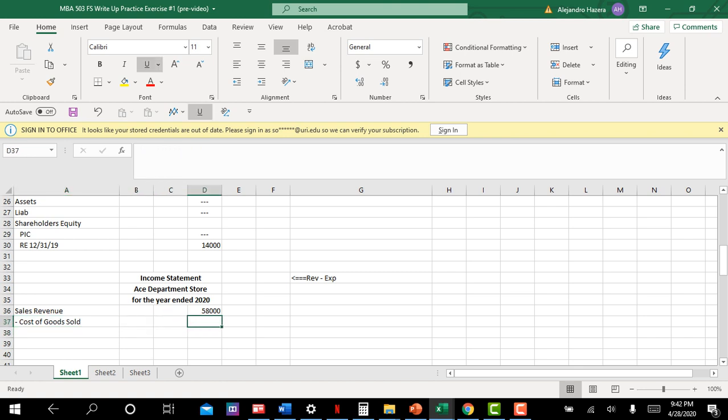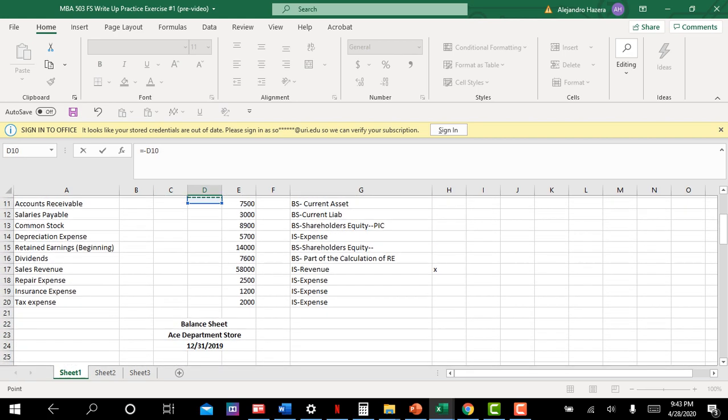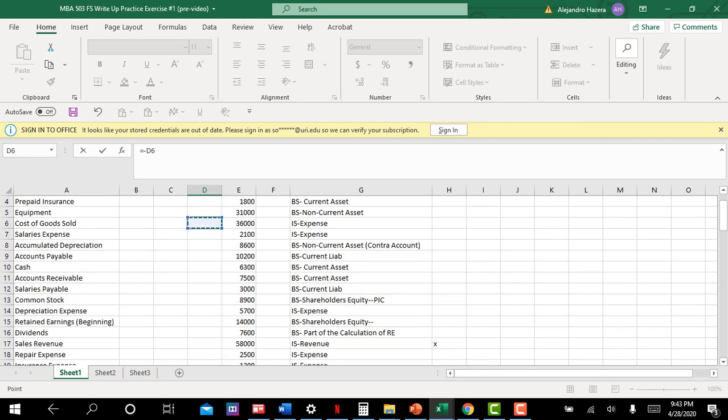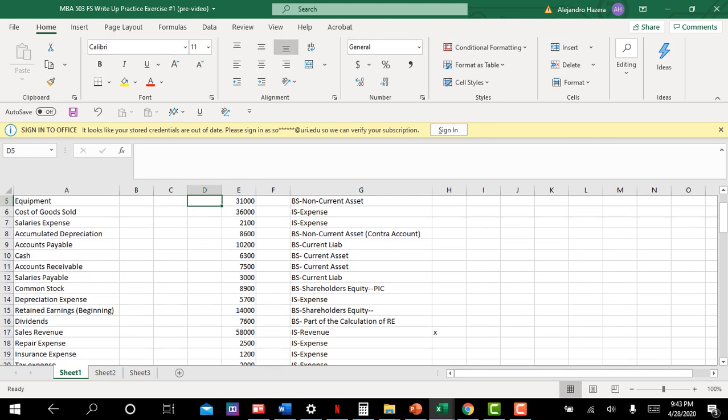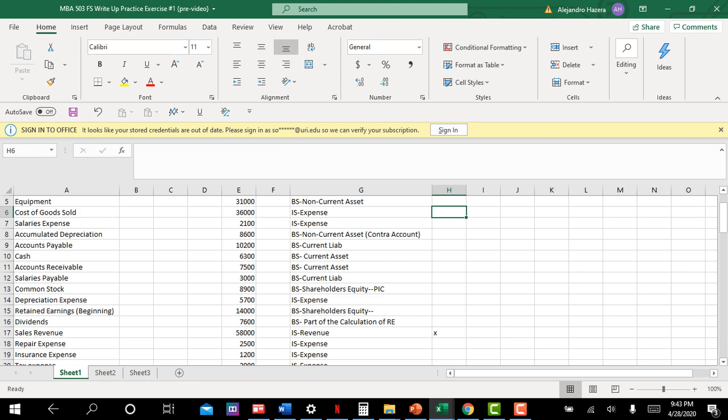And the reason for that is that revenue is a plus number. Companies tend to match their sales revenue, which is the revenue they made on selling the products, against the cost of goods sold, which theoretically should be the cost of those same exact products. Okay, let's see. So I'm going to put that as a negative. My cost of goods sold up here is 36,000. I'm going to go ahead up here and put an X by this as I use them up.